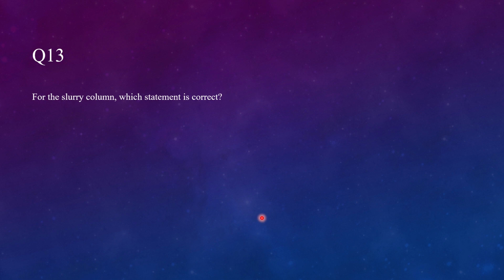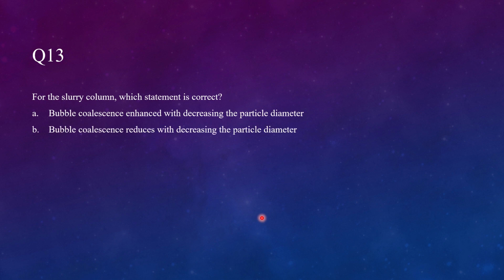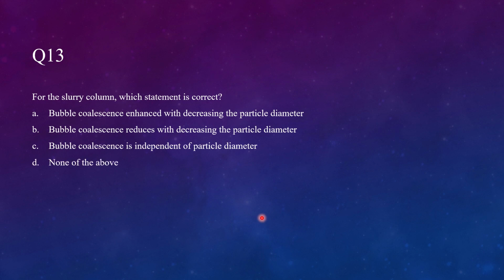For slurry column, which statement is correct? Option A, bubble coalescence enhances with decreasing particle diameter. Option B, bubble coalescence reduces with decreasing particle diameter. Option C, bubble coalescence is independent of particle diameter. Option D, none of the above. So this was a question we discussed previously also. Just take a minute to understand and analyze the answer, and then we'll discuss it shortly.